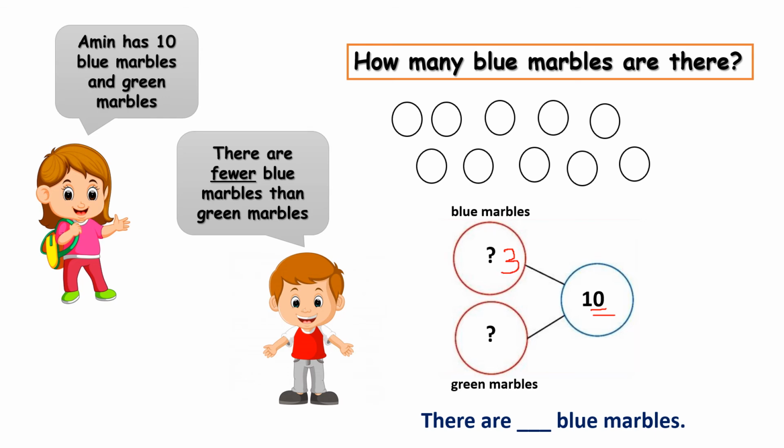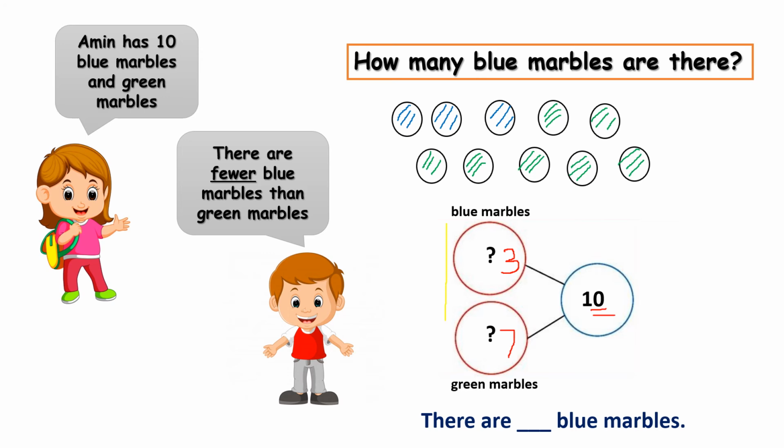If there are 3 blue marbles, how many green marbles will there be? 1, 2, 3, 4, 5, 6, 7. So there are 7 green marbles.